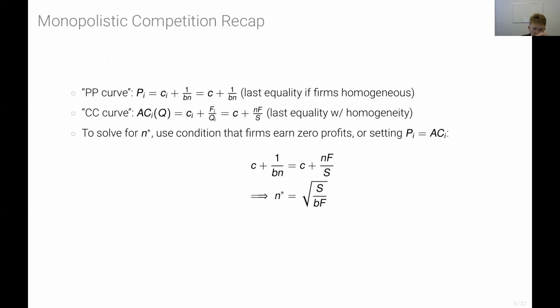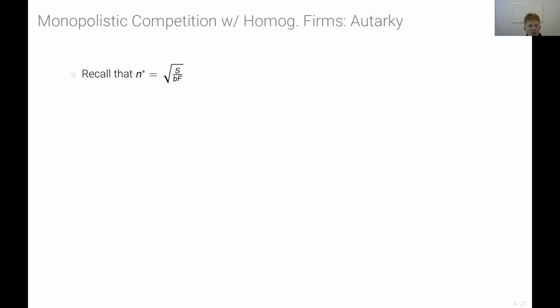Doing so gives us that c plus 1 over Bn is equal to c plus NF over S. The c's cancel out on both sides, and rearranging a little bit, you should get that n star, the number of firms in equilibrium, is equal to the square root of S over BF. This is the expression we're going to use to calculate the number of firms for both countries in autarky.